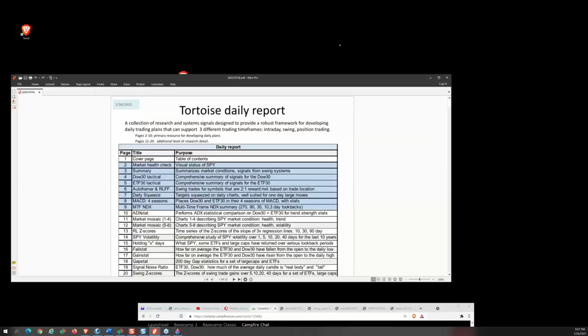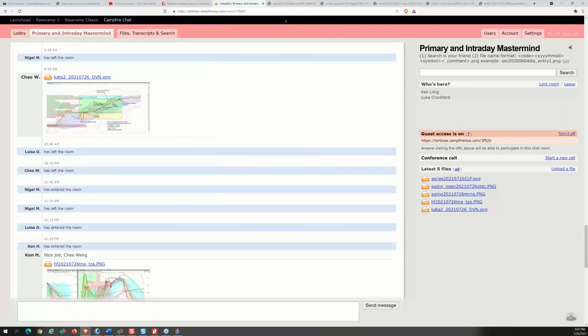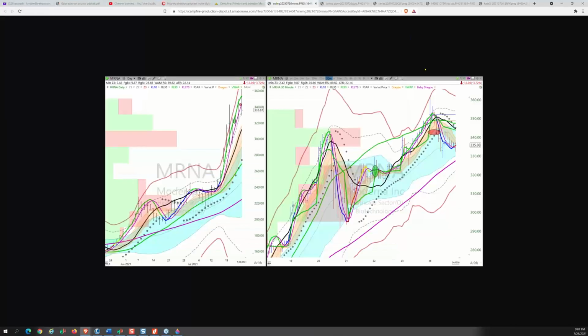Let's look at the trades the guys made today. There's some good, really good ones. Good work inside here. This is a swing in mRNA Moderna. Ken took his profit in here. So he had opened that swing on the day chart like 3 days ago, 4 days ago-ish, on a continuation of that, riding that Z3 rail.